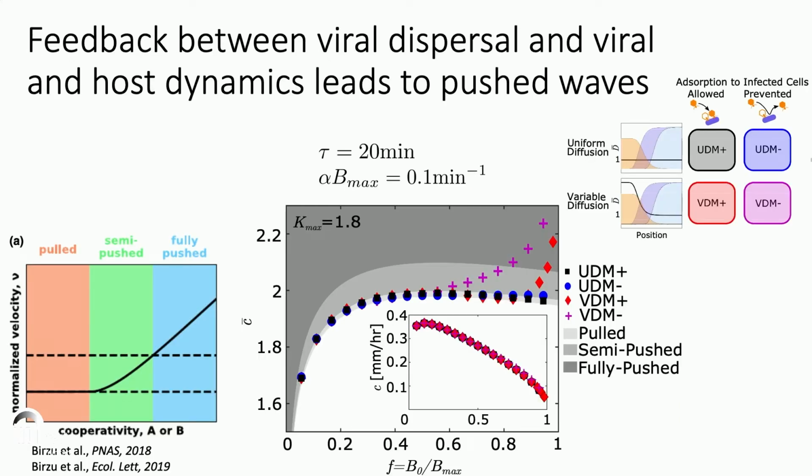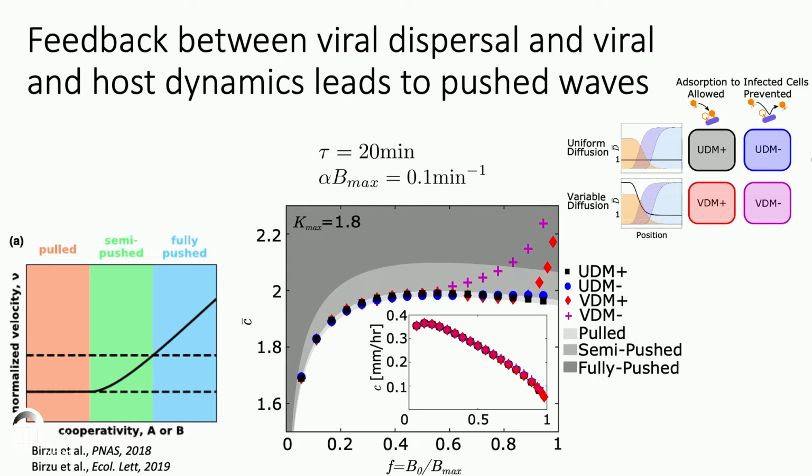All right, so the question was, is there a regime here in parameter space in which we actually do get pushed waves? And the nice bit about pushed waves is that we can determine if the wave is pulled or pushed without having to do any kind of stochastic simulations, because it all depends on the actual velocity of the system, the one that you could get, for instance, just solving the system numerically, compared to the velocity of the linearized approximation of the system.